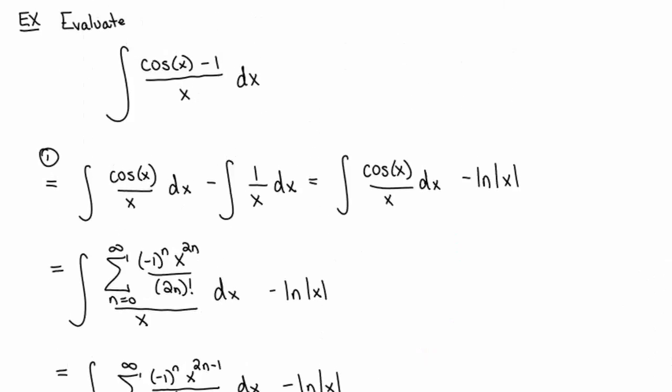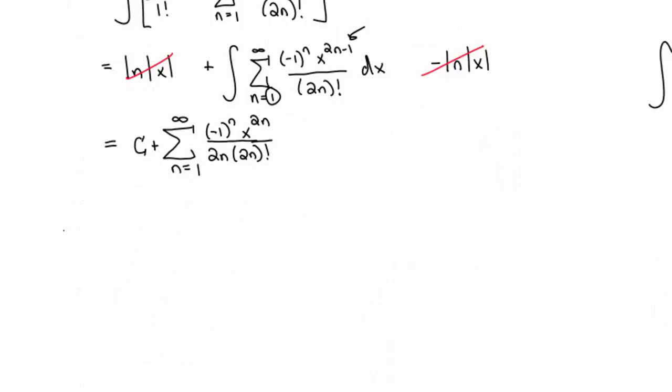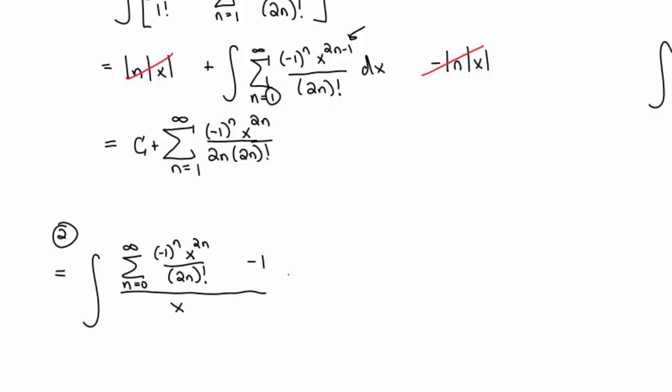So the integral is the cosine of x minus 1 over x. So here's a second way, if I just write the integral of the cosine of x, which is the sum from n equals 0 to infinity of (-1)^n x^(2n) over 2n factorial, minus 1 all over x, and then dx, you'll notice that the very first term of this expansion here is 1, and then it goes minus x squared over 2 factorial and plus x to the 4th over 4 factorial, and so on and so forth.